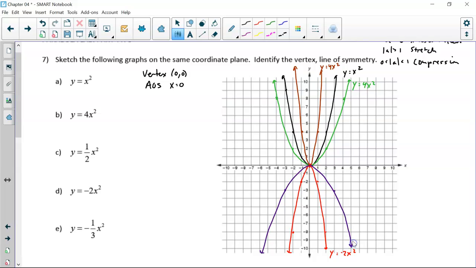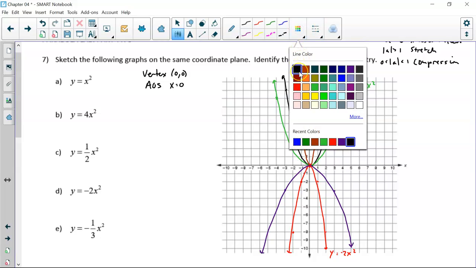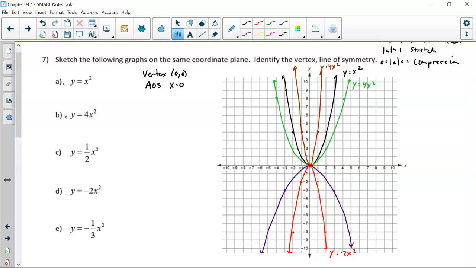It's going to have that compression to it. And there's all of our different graphs. I know the graph is a little messy, but that's what is going to happen. You can see the parent function, vertical stretch, vertical compression, x-axis reflection and a stretch, x-axis reflection and a compression.